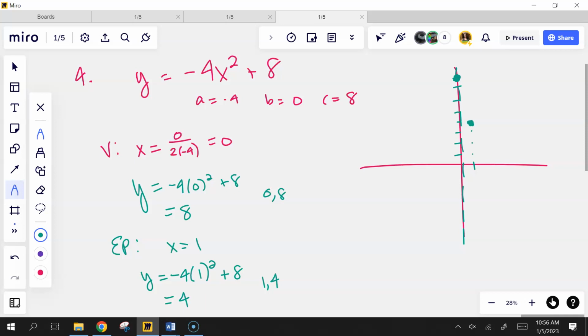Y'all okay there? Yep. So you can really use anything you want, but to make it as easy as possible, look at your vertex x part, add 1 to it, and let that be your easy point.